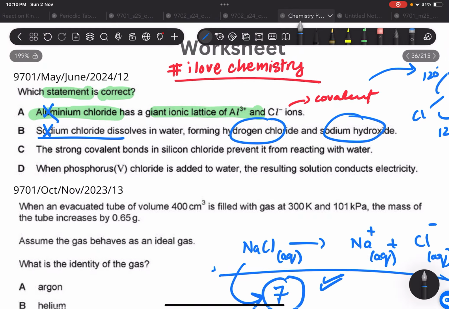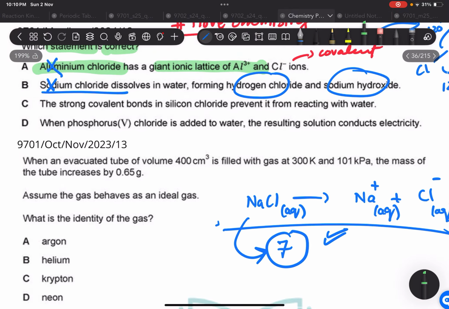The covalent bonds in silicon chloride, okay, prevent it from reacting with water. I believe this question is more about periodicity than states of matter. So you should know that this statement is also incorrect. Why?